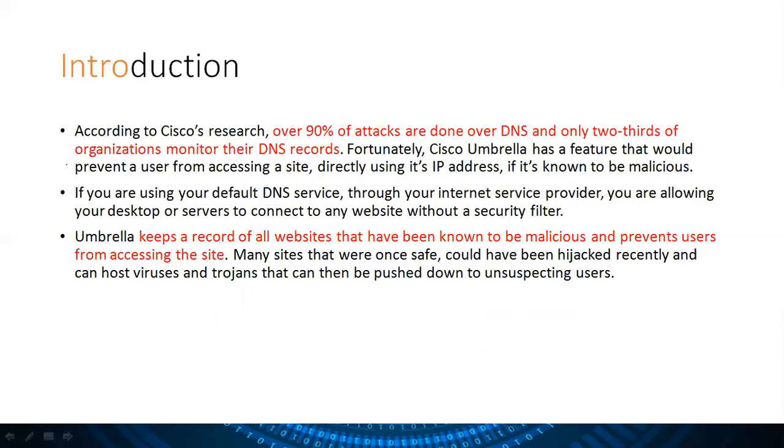And if someone hacks or modifies your DNS server under your TCP/IP setting, you can be diverted to a website which is fishy, and it can lead to some problems. So controlling the DNS in your organization is very important, and that's what Cisco Umbrella is all about.